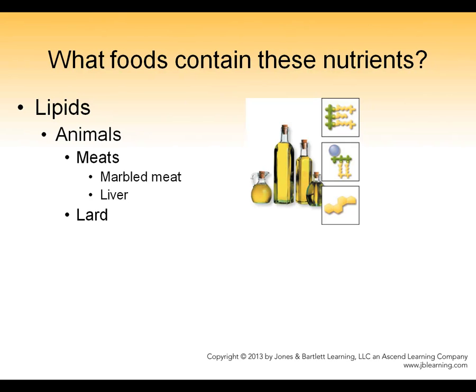Lard is a type of solid fat used for cooking that also comes from an animal source and makes the best pie crust. Dairy foods have fats in them, unless you have fat-free milk. And then eggs. In eggs, the fat is primarily localized to the yolk.